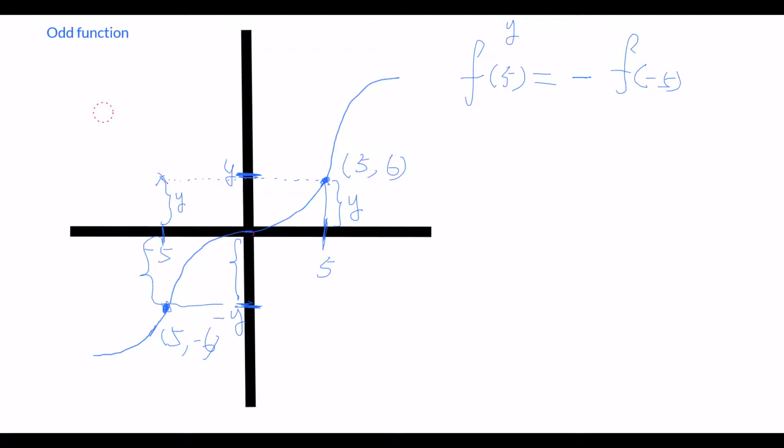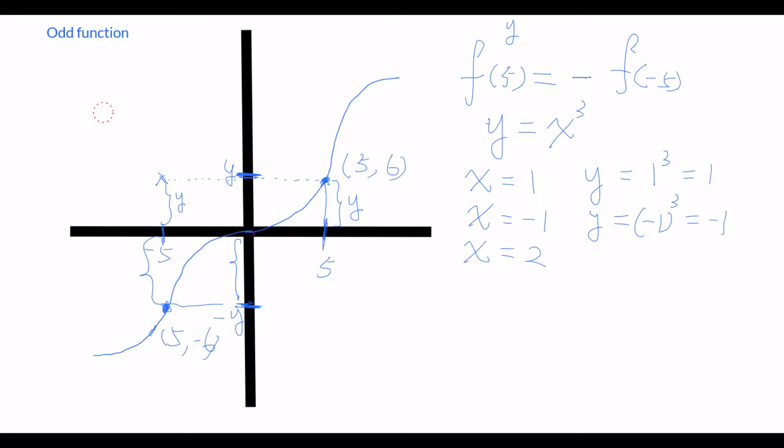Now, let me show you a typical odd function. Okay, y equals x to the power 3. Now, if x is 1, y is 1 to the power 3, which is 1. But if I look at when x equals minus 1, then y equals the cube of minus 1, which is minus 1. Okay, one more example.